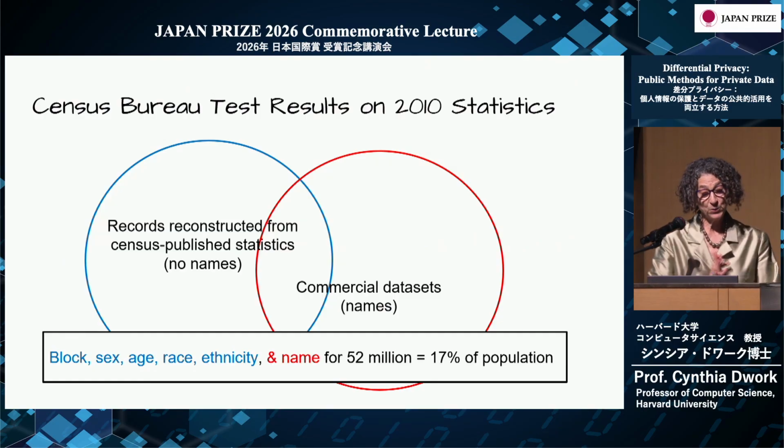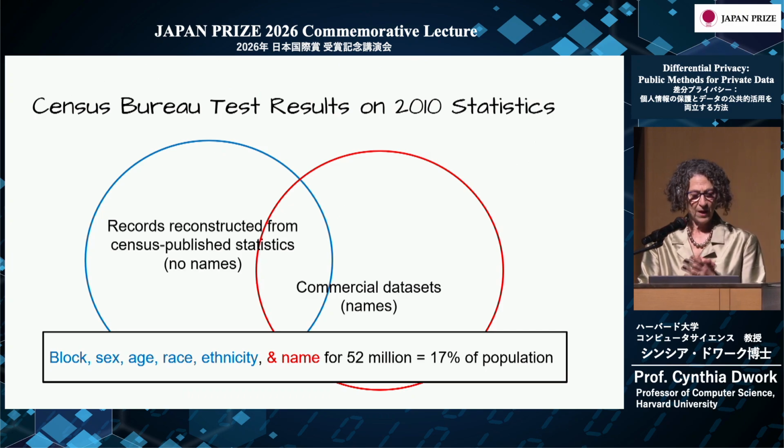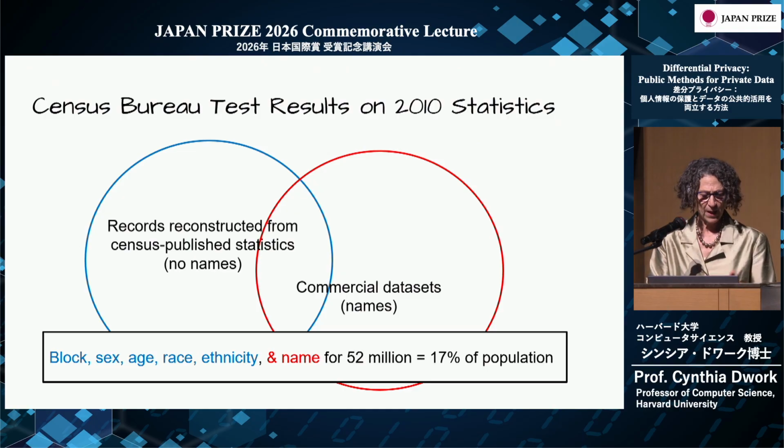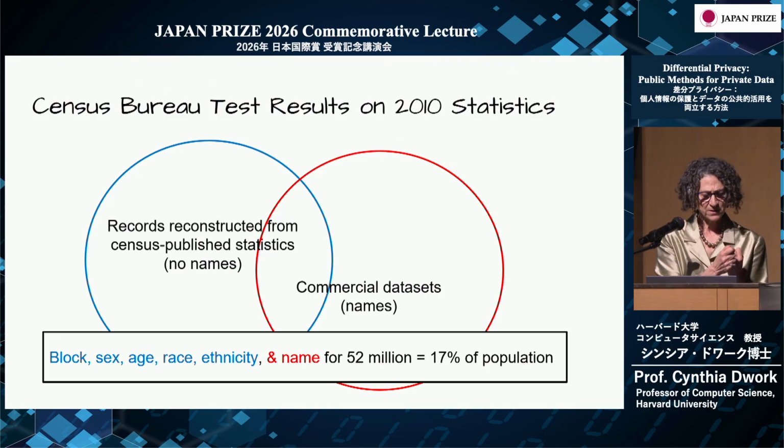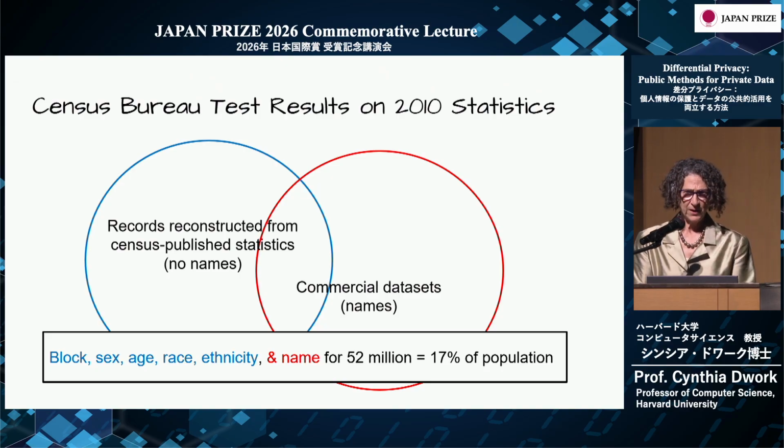So what they did was they reconstructed records based on these statistics, and the reconstructed records had fields of census block, which is a geographic location, the sex, the age, the race, and the ethnicity for everybody in the Census Bureau.